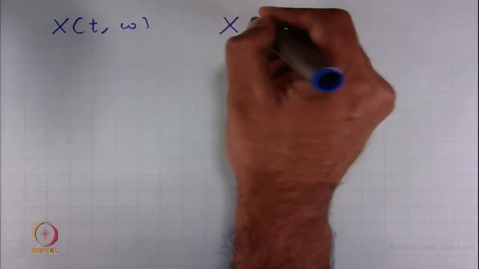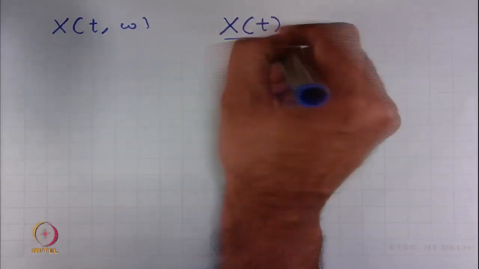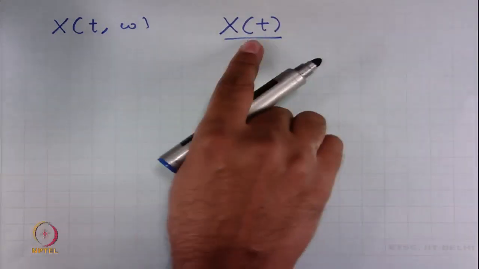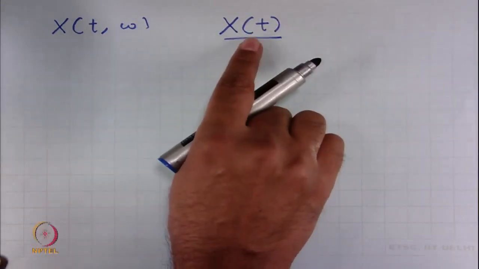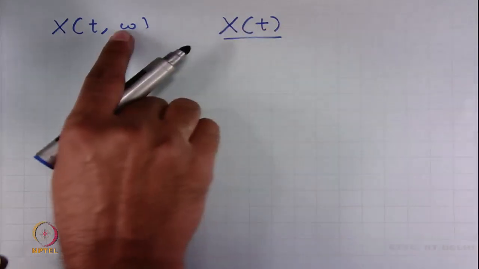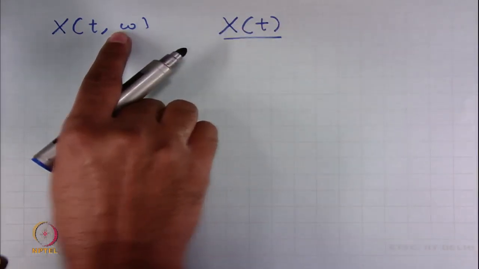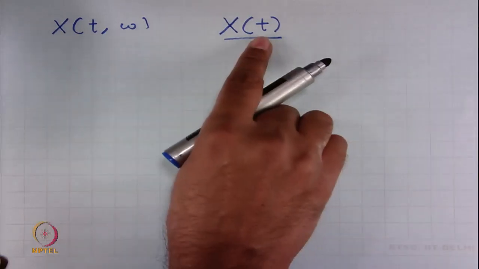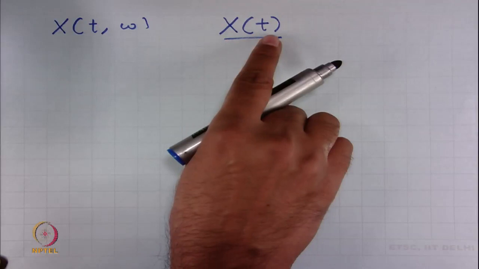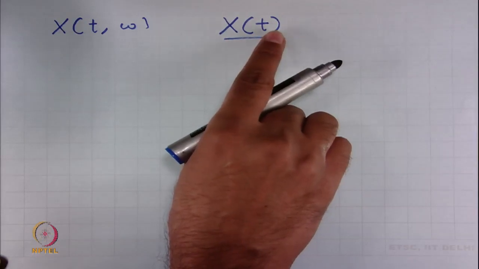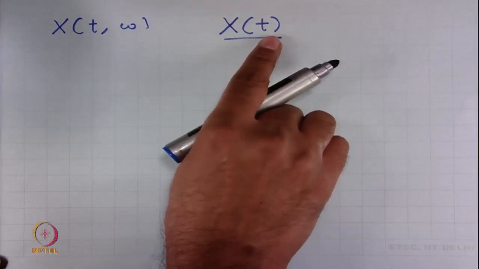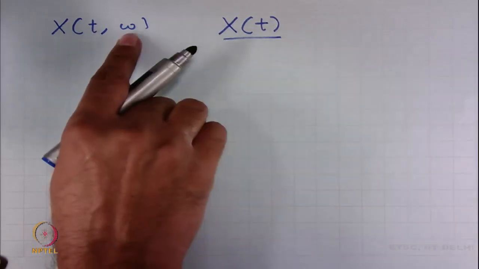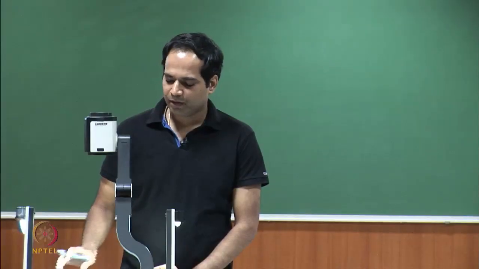But because we do not like to write this all the time, we can use a simpler notation like this, and this notation stands for a random process. Now, I have omitted this omega. What I have got is that this random process is just a function of time, but at the back of your head you should remember the random process is not only a function of time, it is also a function of the outcome of an experiment, right.